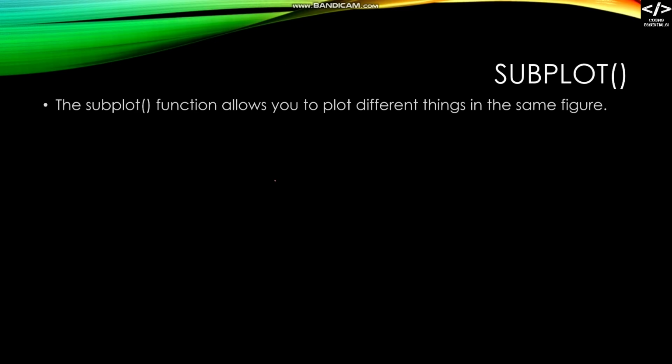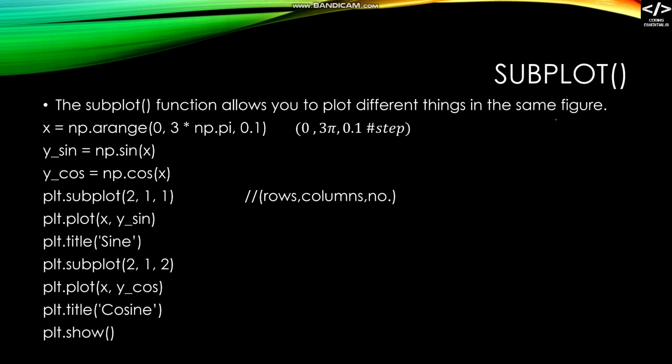Moving on to subplot. What is subplot? The subplot function allows you to plot different things in the same figure. Now let's start with x equals np.arange from 0 to 3 times np.pi, where np.pi is the exact value of pi, comma 0.1.